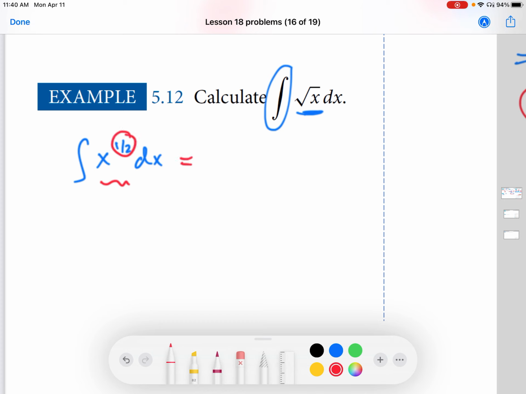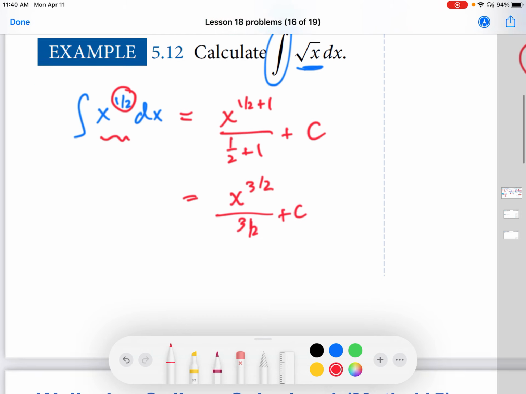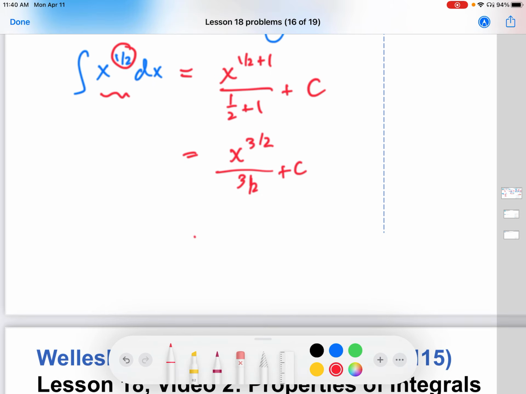So to use the integral version of the power rule, once again, I just add 1 to the exponent, divide by the result, and then plus c. From here, it's just algebra. So 1 plus 1/2 is 3/2, and 1 plus 1/2 is 3/2. Again, this is the answer, but I'm dividing by 3/2. That's the same thing as multiplying by 2/3, so that gets me to this cleaner version of the answer.